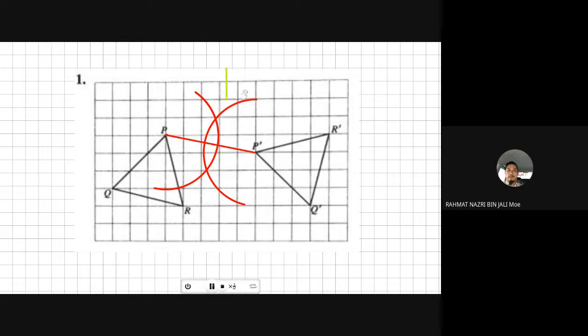Center here, rotate. Okay, and then we get the divider. The yellow line here is the divider to the straight line P prime.